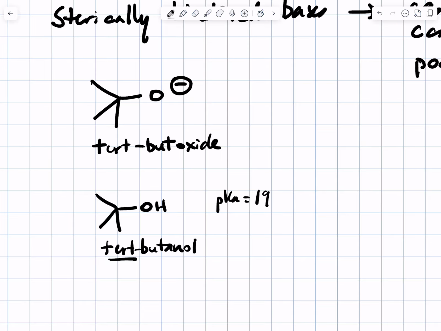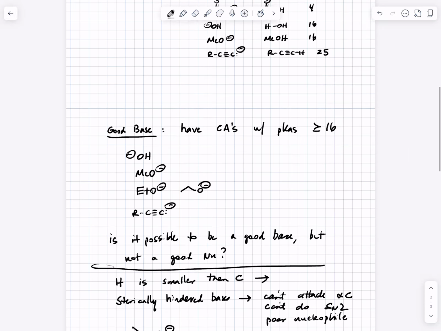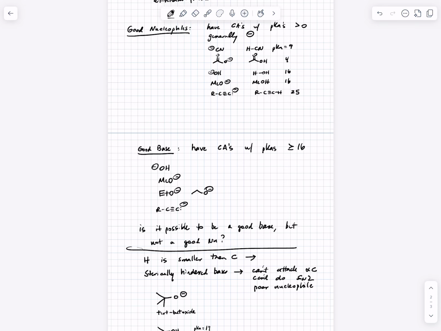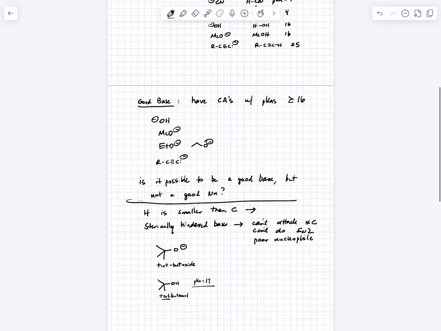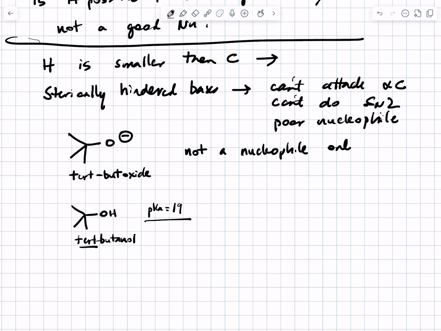It's a little bit higher than expected for an alcohol. And based on that criteria, you would say that it falls squarely into things that you would expect to be a good nucleophile and also a good base. However, tert butoxide is not a nucleophile. It is only a good base, and the reason for that is steric hindrance.